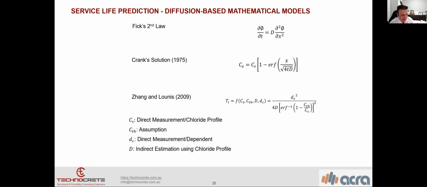Then we have direct measurement of Dc, which is the concrete cover. And then we have D, which is the chloride diffusion coefficient. With those parameters and the mathematical model, we can predict the residual service life of the structure.